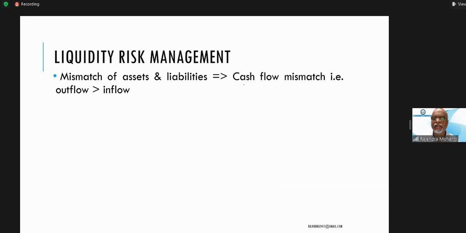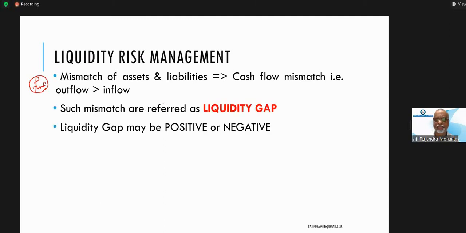We can call that cash flow mismatch, that is, when the outflow becomes more than inflow. We are talking about the amount of the fund here. When the outflow of fund is more than inflow, that is a liquidity risk. And whenever such a thing happens, the gap which is created is called the liquidity gap.